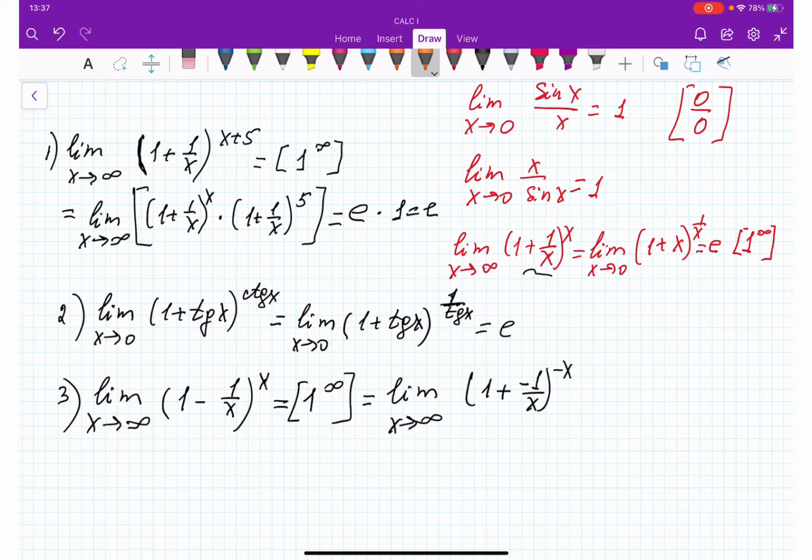Negative x, here I could put over 1, right? Okay, and all this to the power negative 1. And what do we get? e to the power negative 1, which means 1 over e.